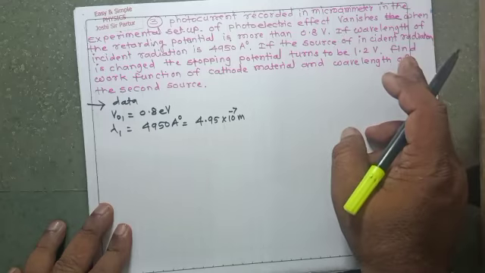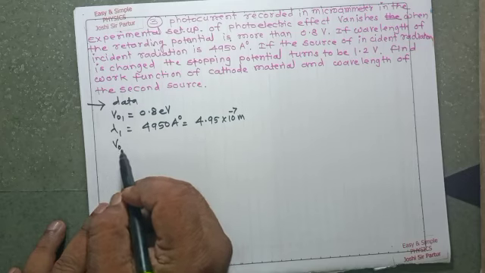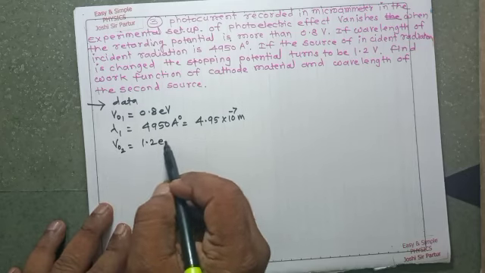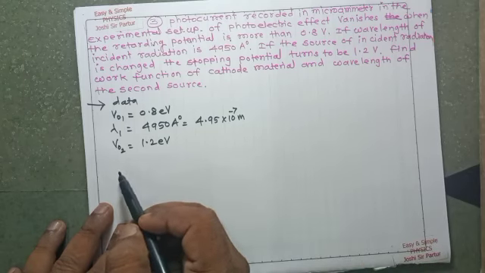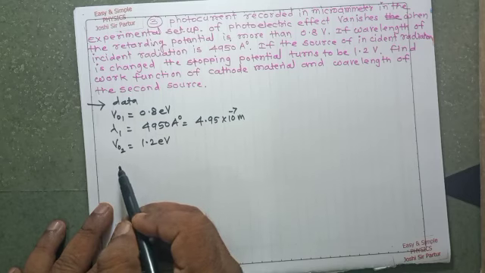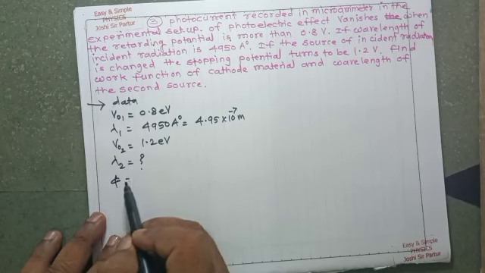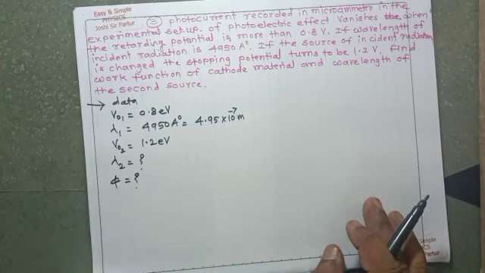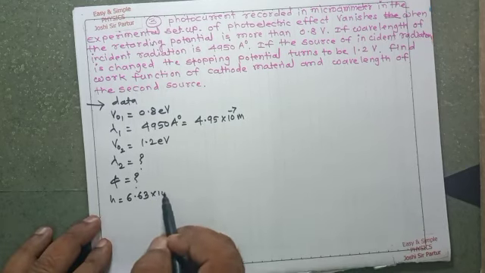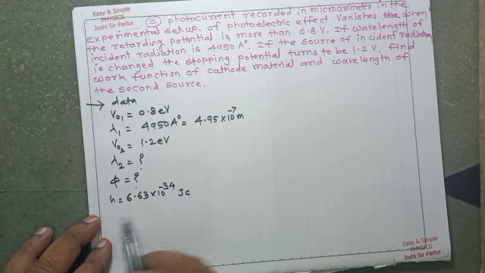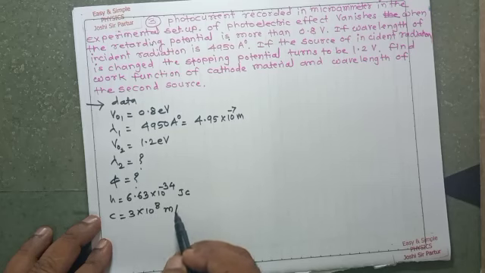Then if the source of incident radiation is changed, its stopping potential changes, that is V02 will be 1.2 electron volt. And we have to find the work function and wavelength. Means first of all we want to find the wavelength and then we want to find the work function. Two questions will be seen. Here the constants are given as 6.63 into 10 raised to minus 34 joule second, that is the value of h, and c is equal to 3 into 10 raised to 8 meter per second.